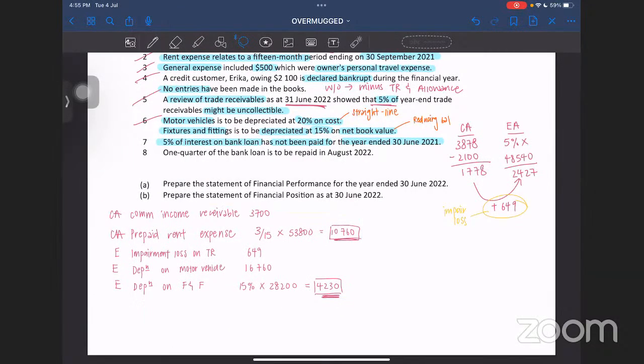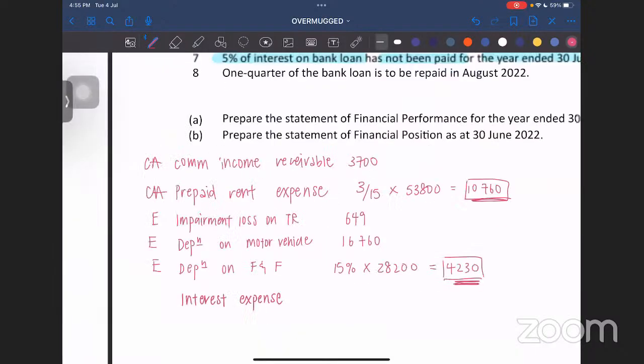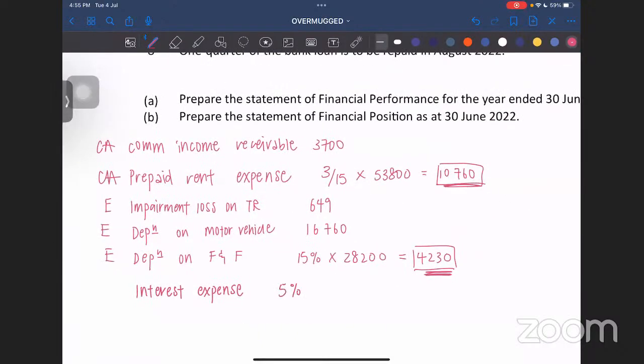Okay, so I will come here and I will create interest expense, which is the 5% multiplied by 80,000. That will give me $4,000 of interest expense.